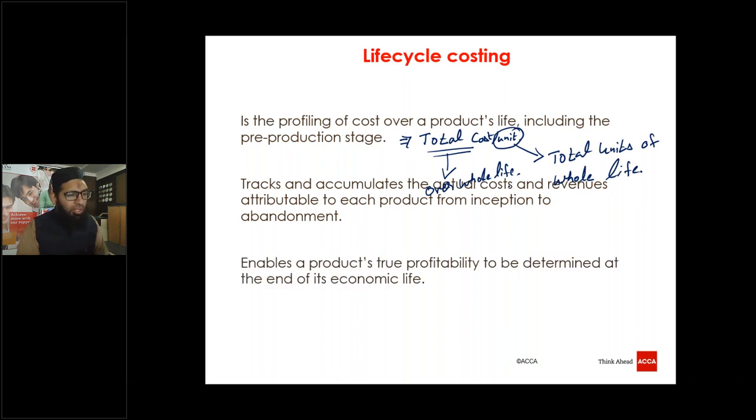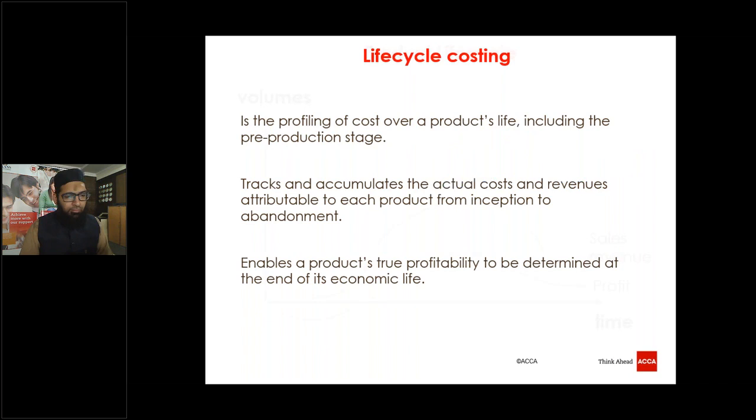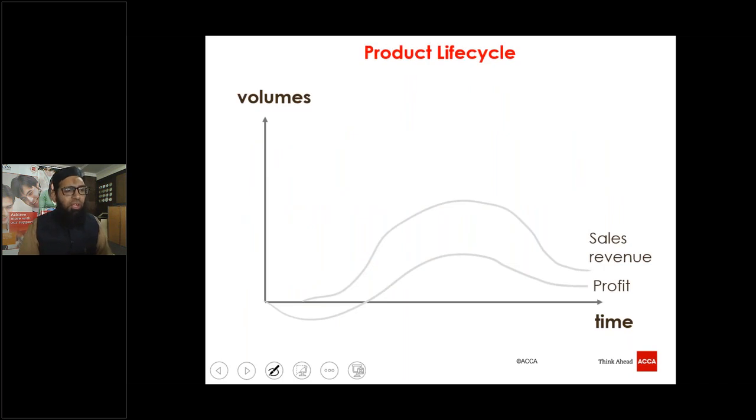This enables the product's true profitability to be determined at the end of its economic life. So this is the way to assess the true profitability of a product. So this is what life cycle costing is about.